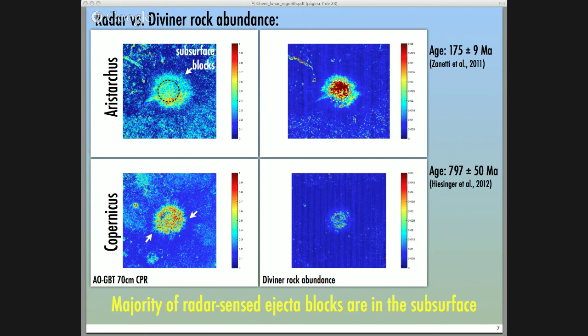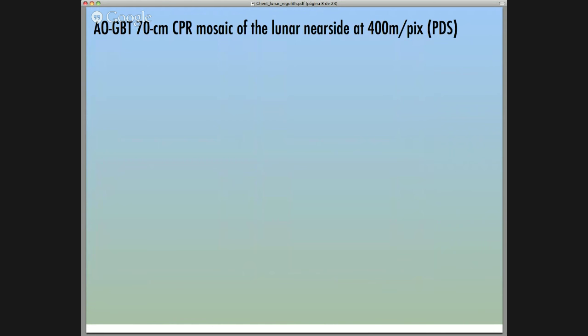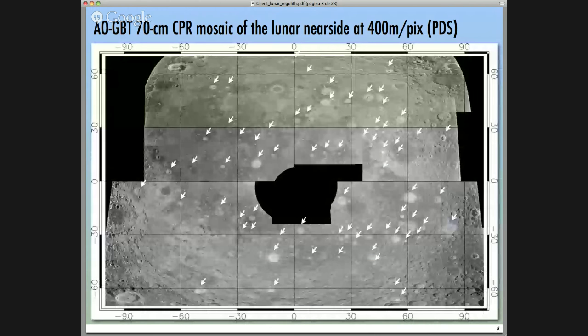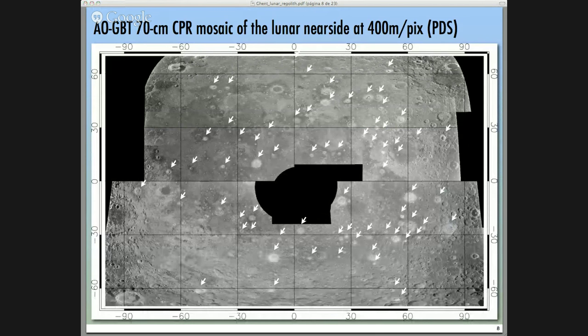So we've got this data set, again, that's publicly available for radar CPR data. And we can make these comparisons for many different craters that exist in both the radar data set and the Diviner data set.